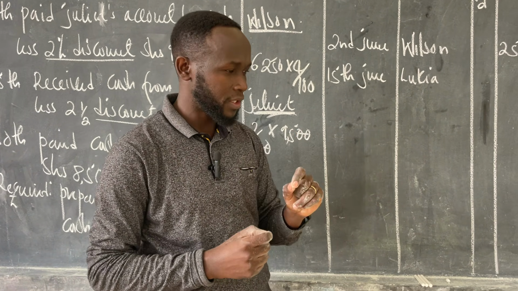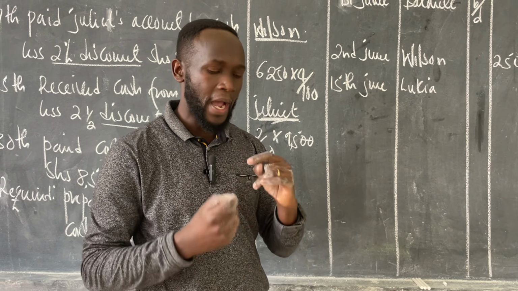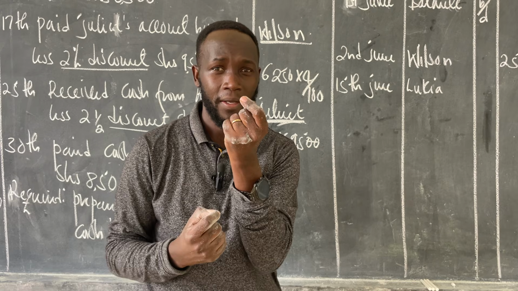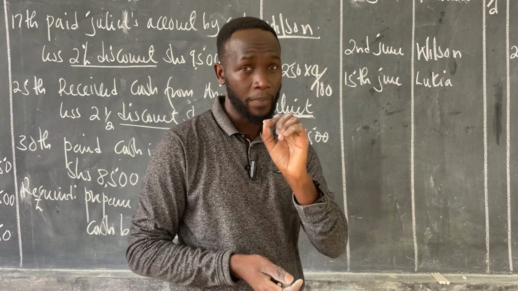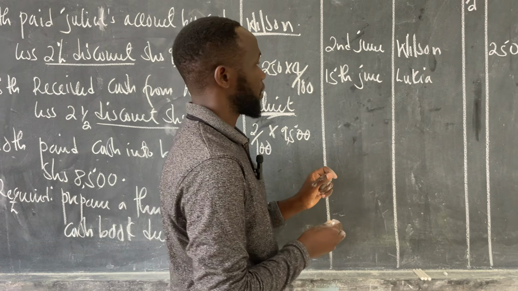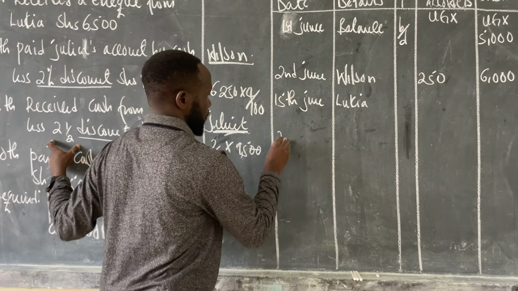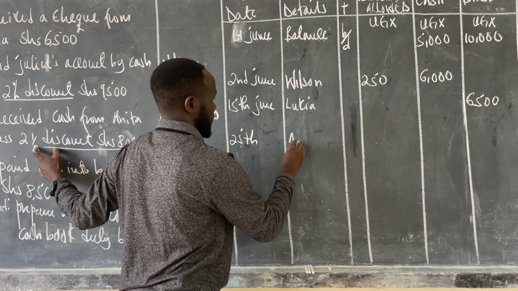But this time round, it is us who are allowing this discount. So it is us, the business, that is losing some little amount of money because we are appreciating someone for either buying large quantities or paying us promptly. So we shall say on the 25th, received the cash from Anita.